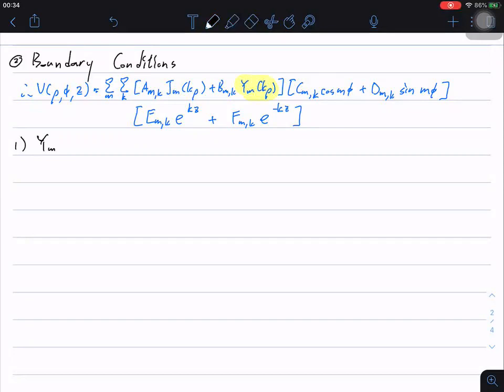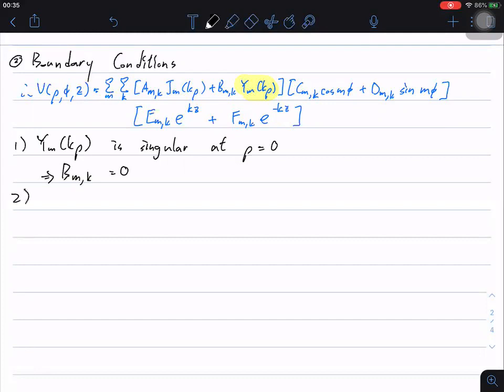And since the region we're interested in is the potential inside the cylinder, the Bessel function of the second kind is singular at rho equal to 0, which is definitely not possible for potential. So we know that the coefficient of this term must be 0, because we can't have singular values of potential.